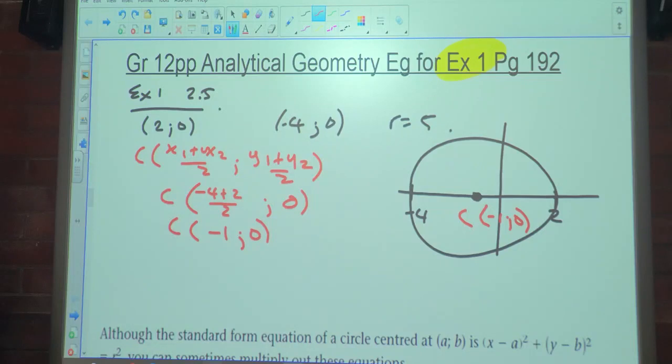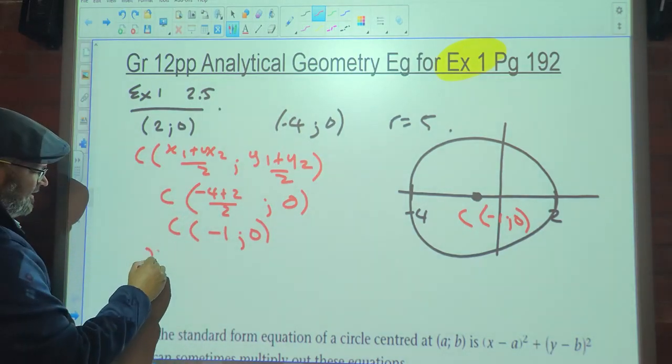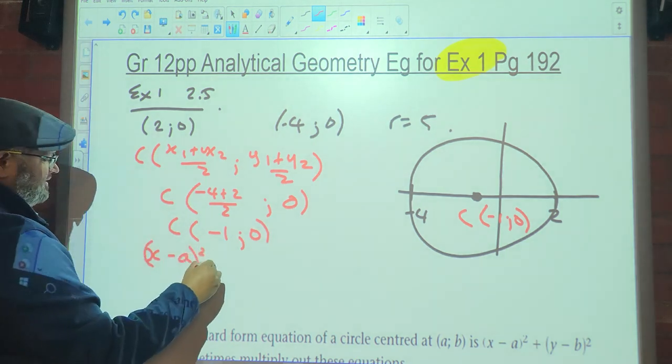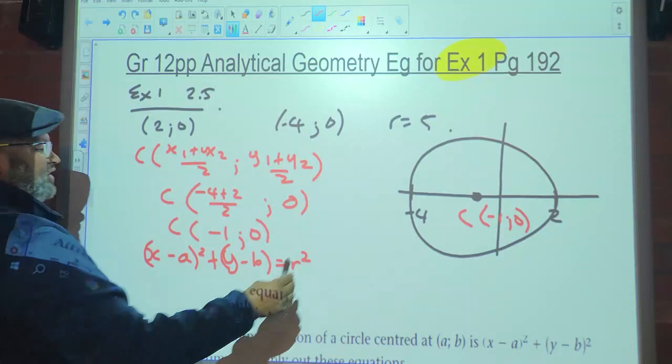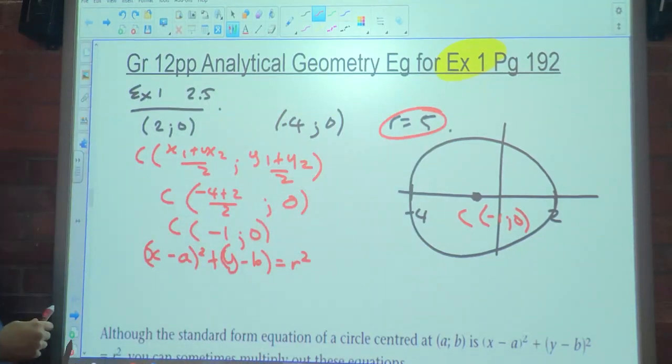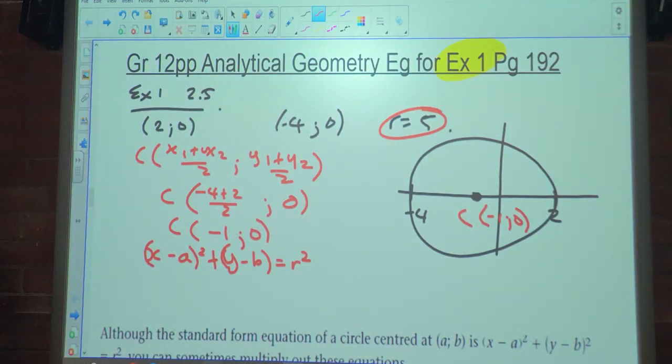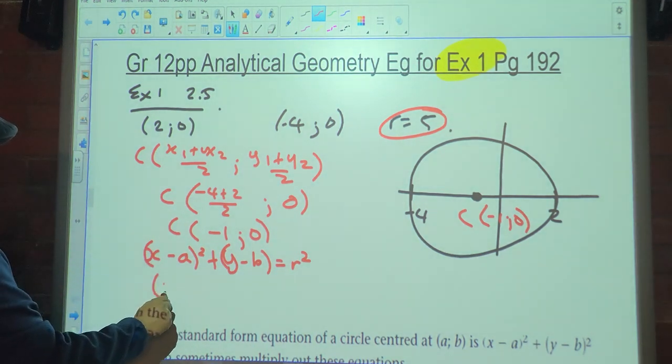So what equation do I use? The first one or the second one? Second equation, which is x minus a squared plus y minus b squared is equal to r squared. But what's your r squared? 5. 5 squared, which is 25. So what's the equation of the circle?